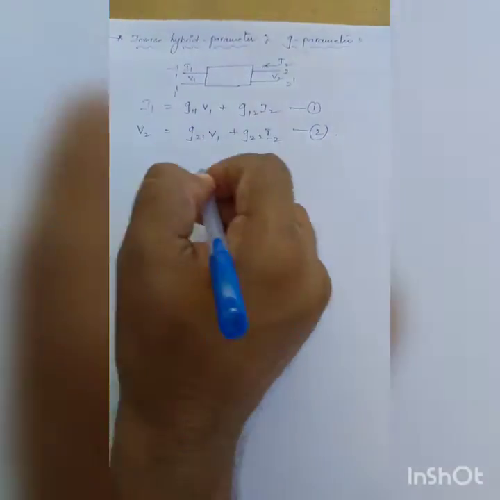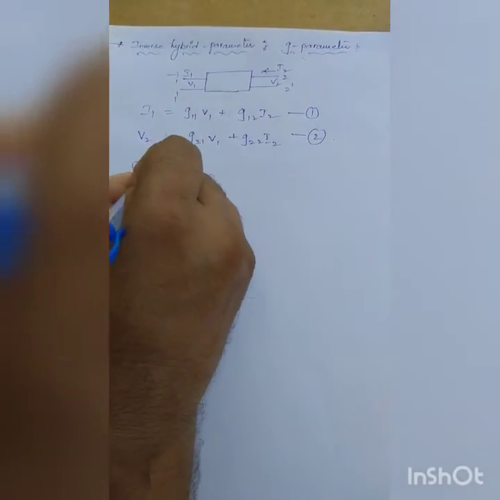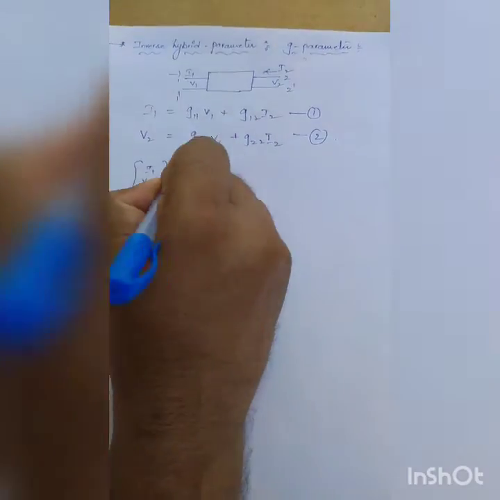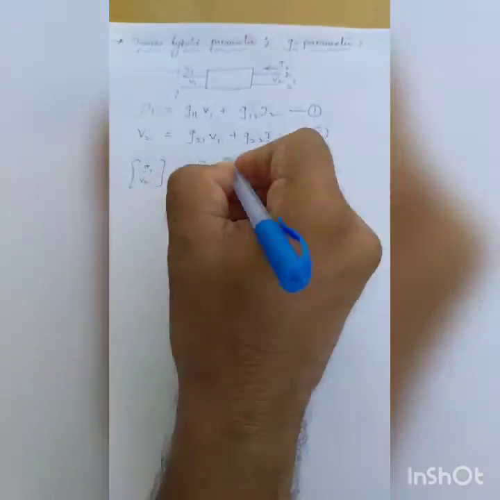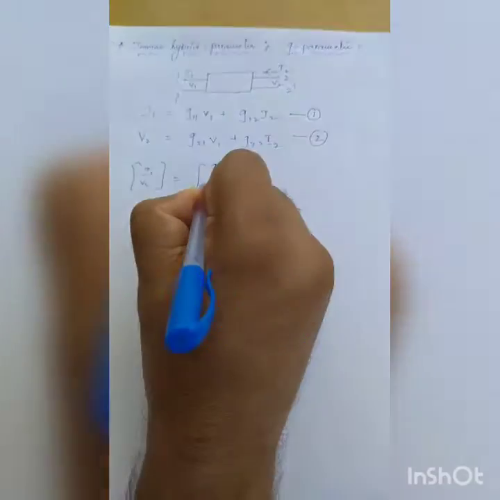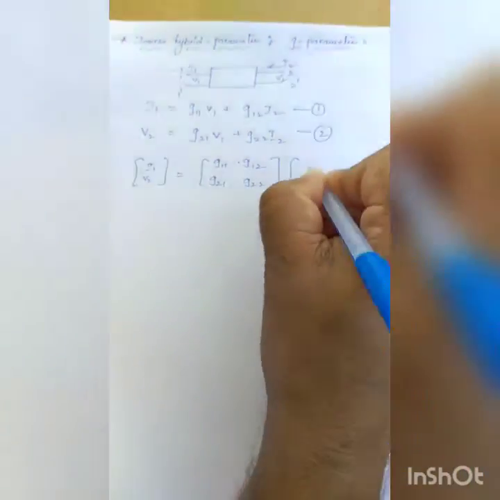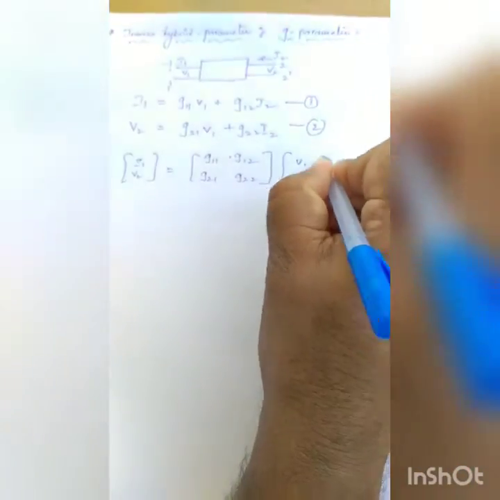To write these two equations in matrix form, I1 V2 is equal to the square matrix G11 G12 G21 G22 times the column matrix V1 I2.